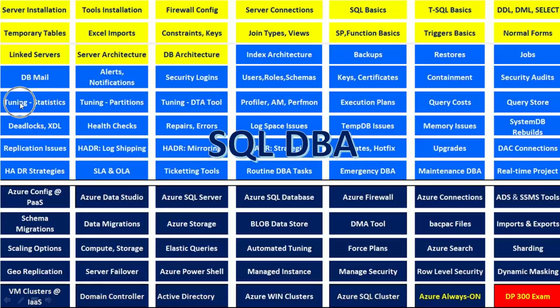One dedicated week only for performance tuning. One dedicated week exclusively for high availability and disaster recovery. Common issues and solutions, upgrades, migrations, routine emergency maintenance DBA activities with a project for our resume.